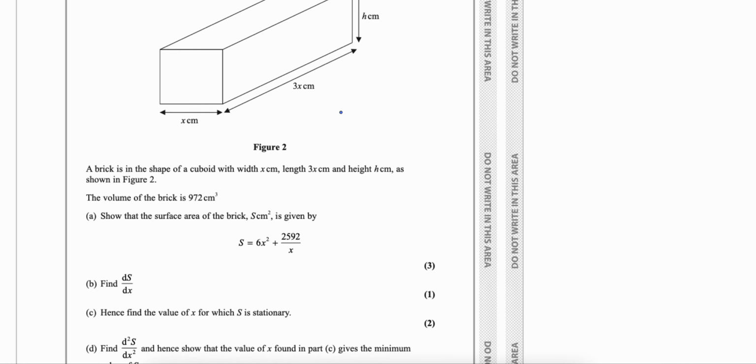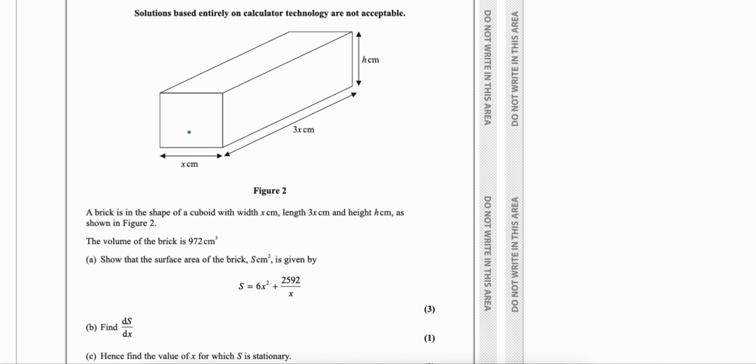But what's the surface area? So this front side would be x times h. This side would be 3x times h.